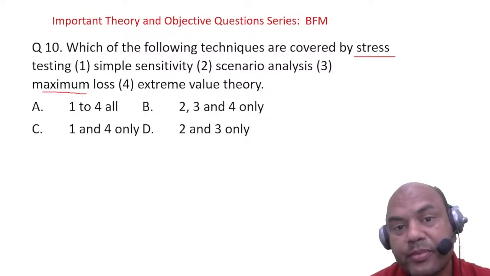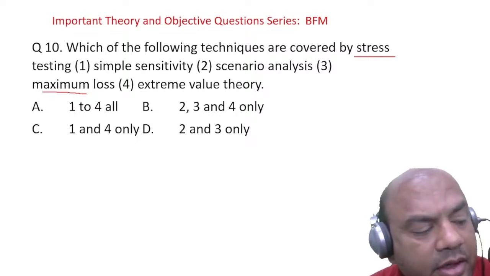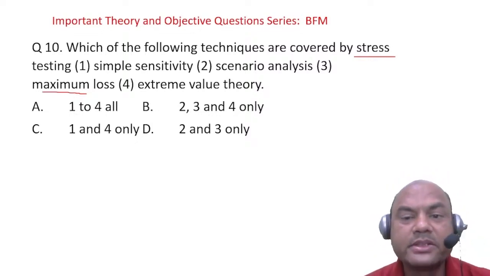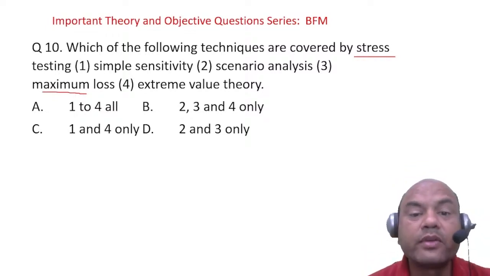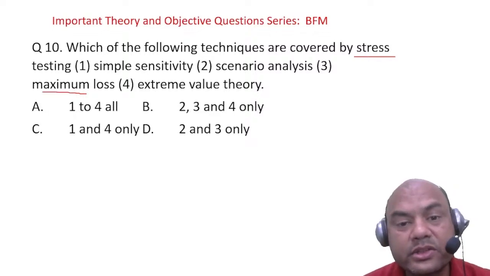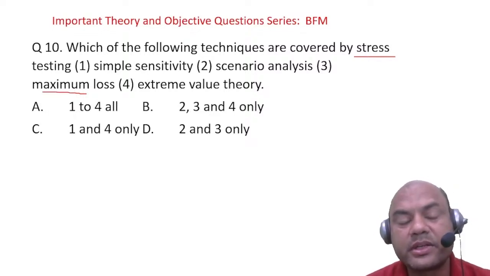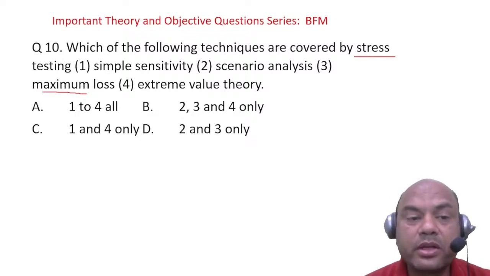So one of the approaches there was the conservative concept, which is similar to this maximum loss theory. So what is the option here? The correct option is 1 to 4 all.